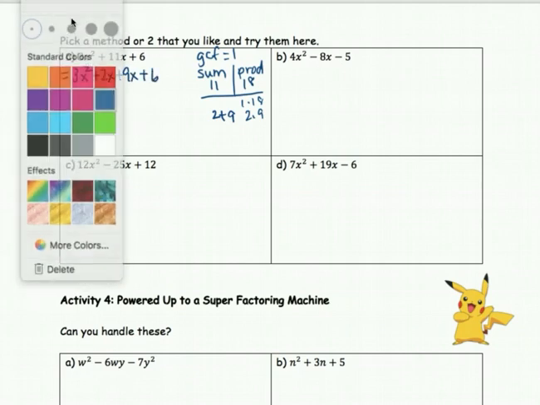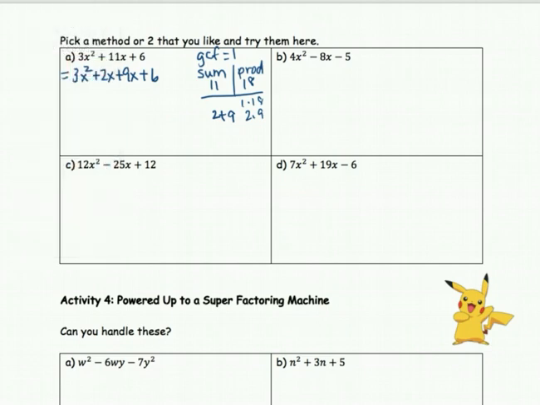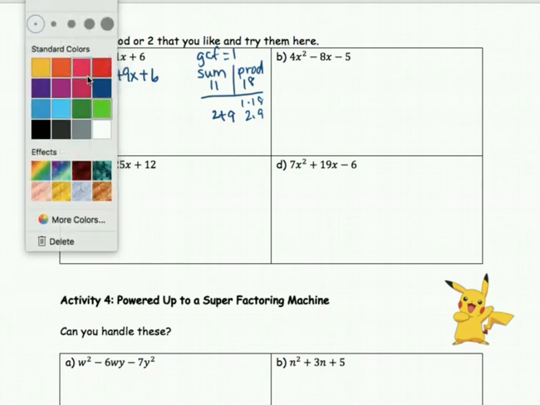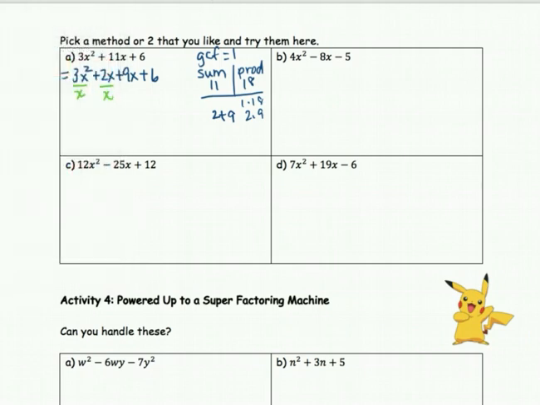Okay, and go in groups here. Factor in groups. An x can come out of both of these, and from this one and this one, 3 works.